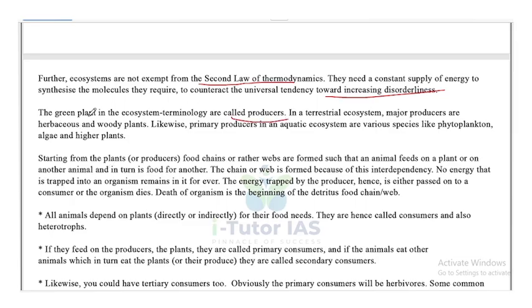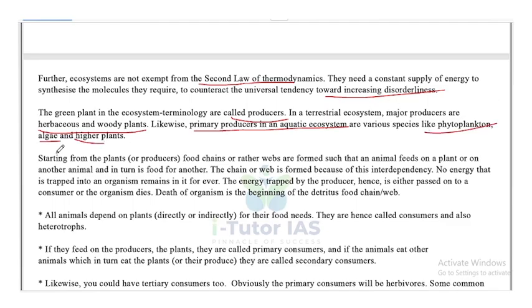The green plants in ecosystem terminology are called producers. In a terrestrial ecosystem, major producers are herbaceous and woody plants. Likewise, primary producers in an aquatic ecosystem are various species of phytoplankton, algae and higher plants.